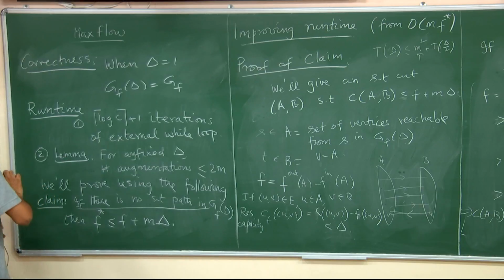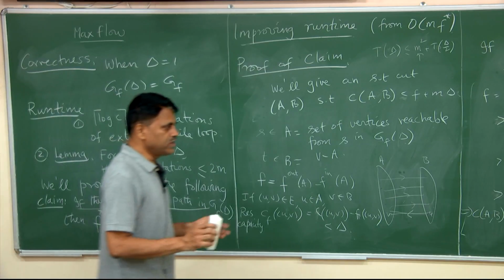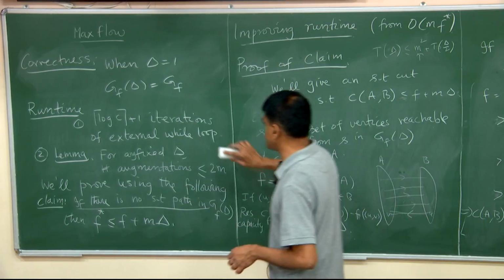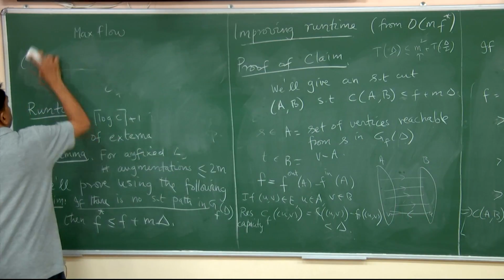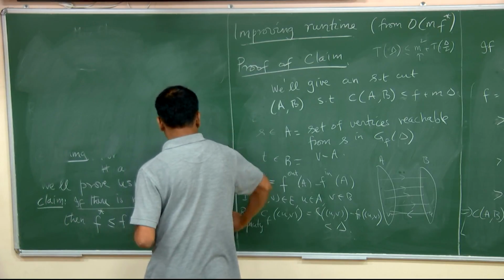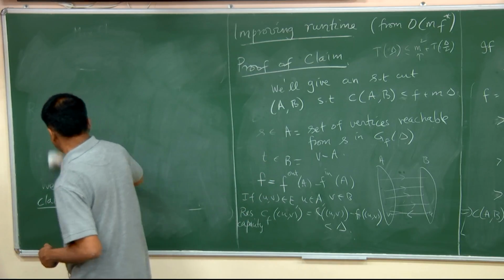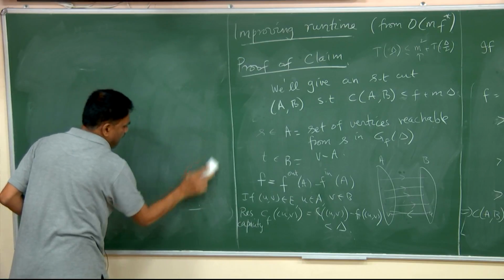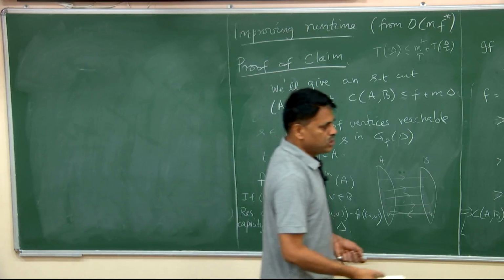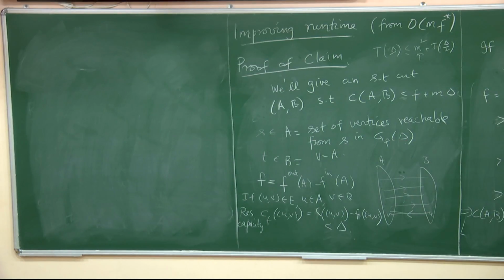Okay, so now let's get to a purely strongly polynomial time algorithm, and this is due to Edmonds and Karp. Here the idea is simply to augment through a shortest path, that's all.